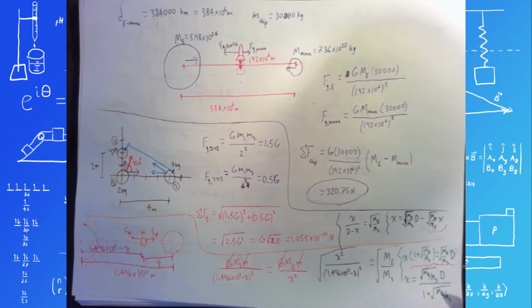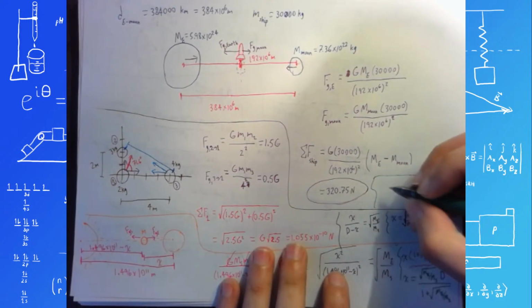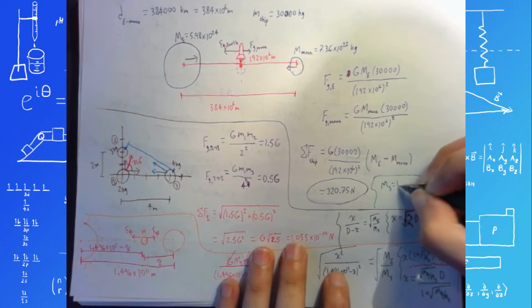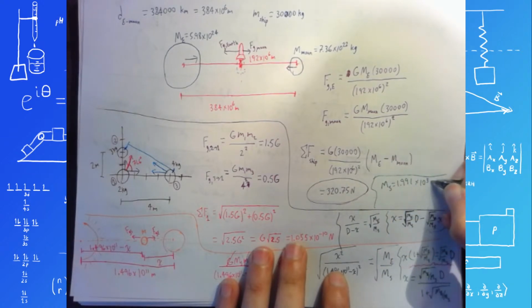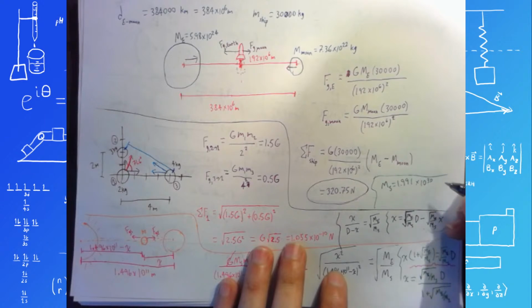Okay, plugging in those numbers. Square root of mass of the Earth over mass of the Sun is what? Did I even write down the mass of the Sun? No, I didn't. Mass of the Sun is 1.991 times 10 to the 30 kilograms, so I'll write it up here.